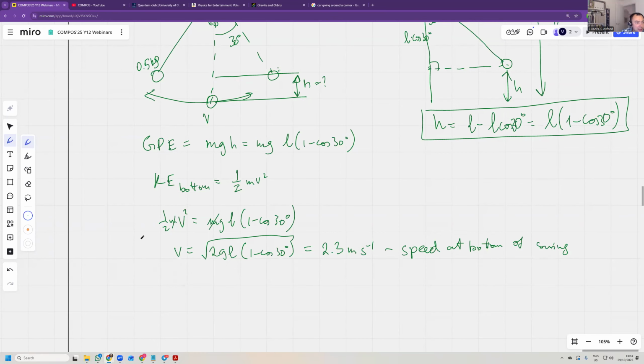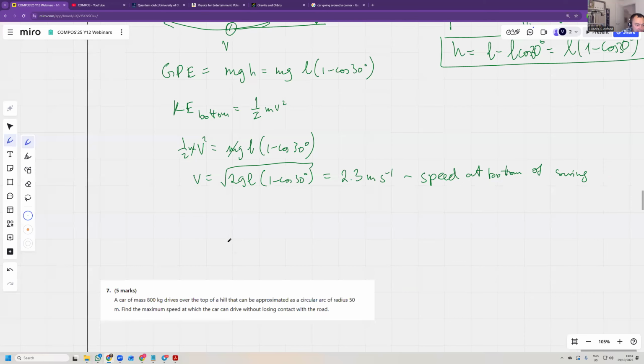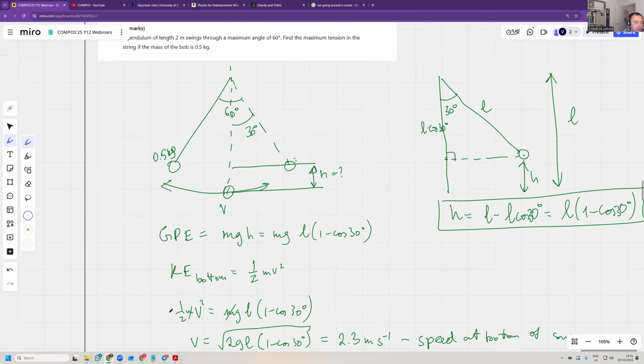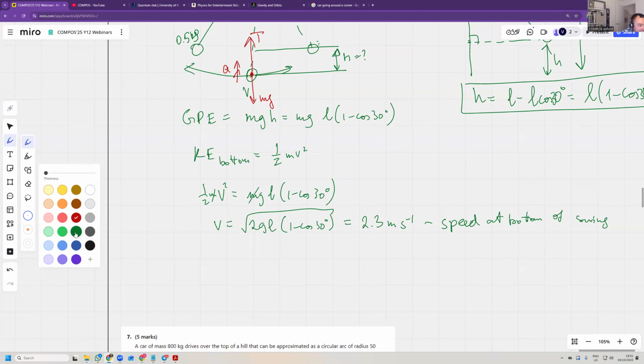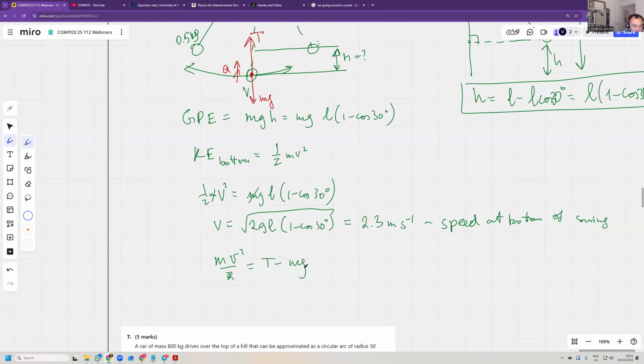Okay. And then we can find the tension again. At the bottom of the swing, there's a gravitational force, mg, and there's the tension force, T. And we know that the pendulum is accelerating upwards. So we can say that mv squared over r, the centripetal force, is tension minus mg. And so the tension is mv squared over r plus mg.